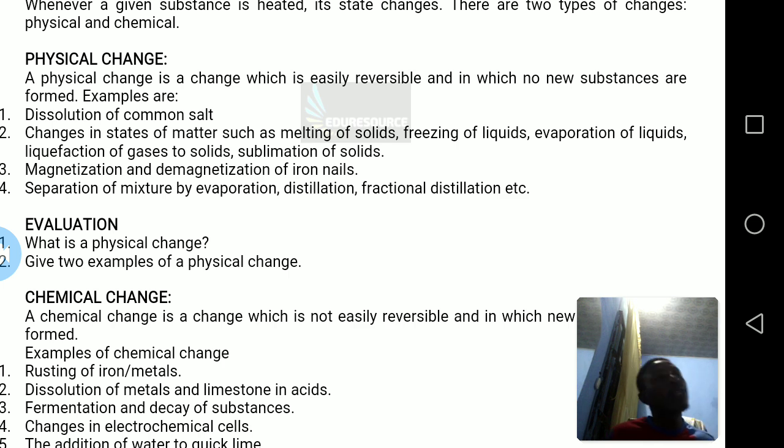When all the liquid evaporates, you have your powdered milk. Although there are other processes they carry out, this is the major thing they do to turn liquid milk into milk powder, solid milk. Then there's also the liquefaction of gases.